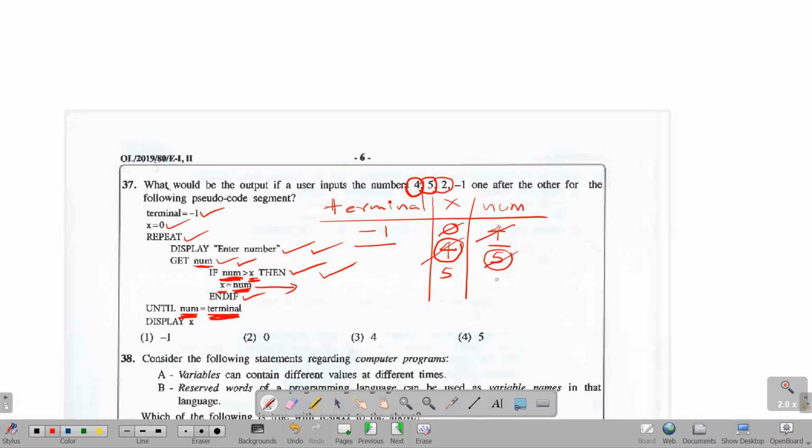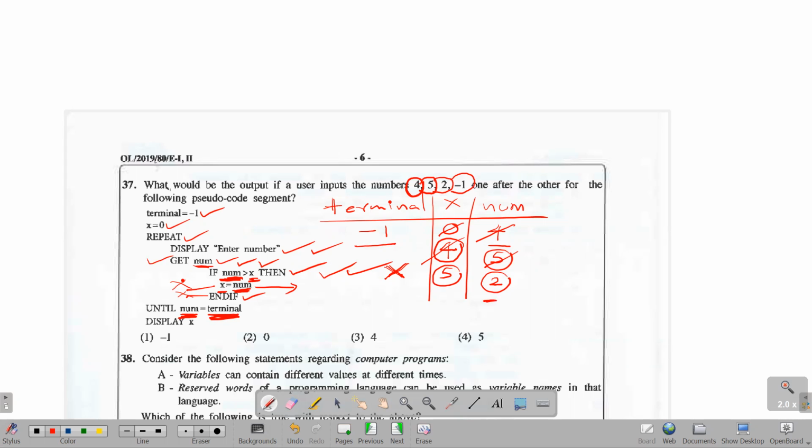It will be assigned to num according to this line. And it checks whether larger than x. So num is 2, x is 5. So it is not true. So this is not going to happen. So it comes to the end if. And num equals terminal? No. And it will ask for the other number, the -1.